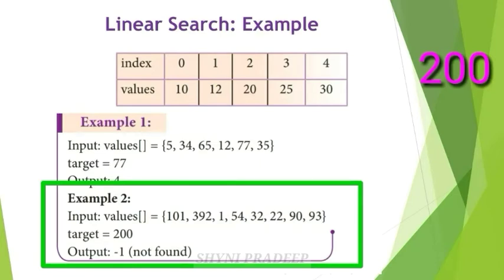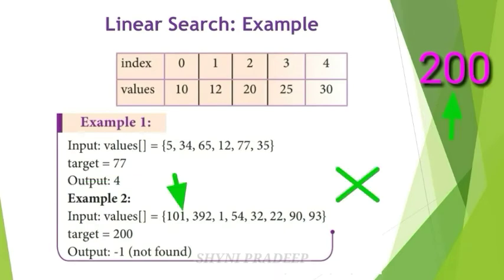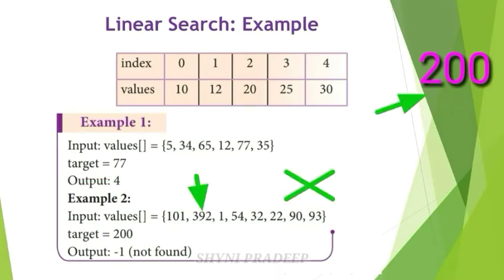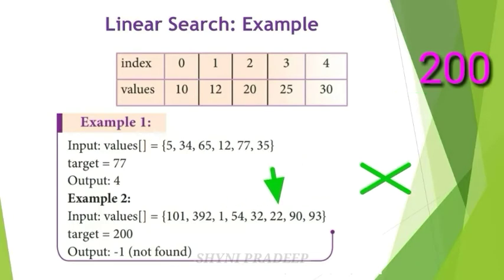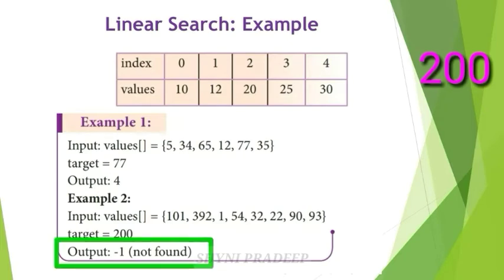So you have to compare the search element with each element in the list one by one. 200, 101, not the same. 392, not the same. 154, not the same. 32, not the same. 22, not the same. 90, not the same. 93, not the same. So none of the elements matched with the search element, the key element. So what is the output of this code? Output is element not found.